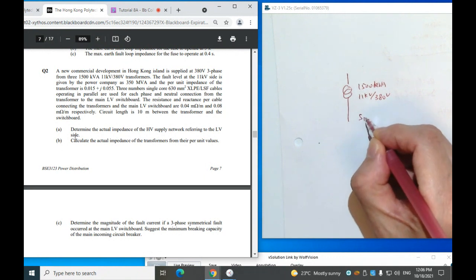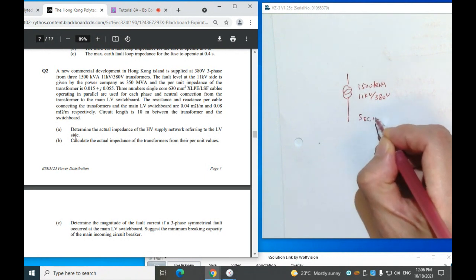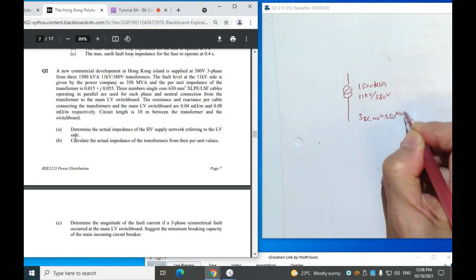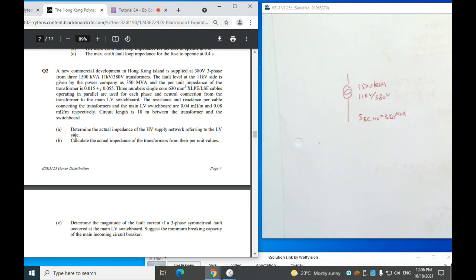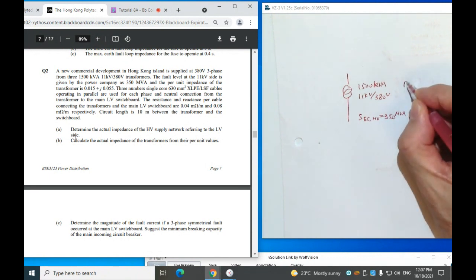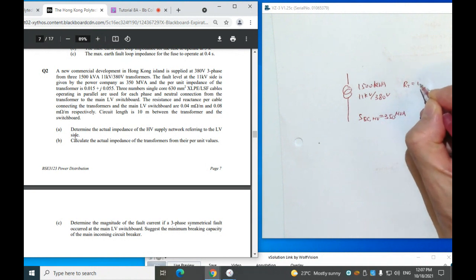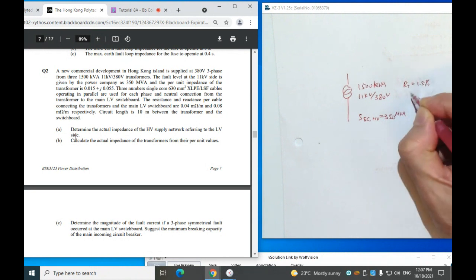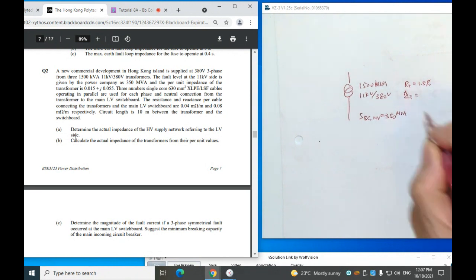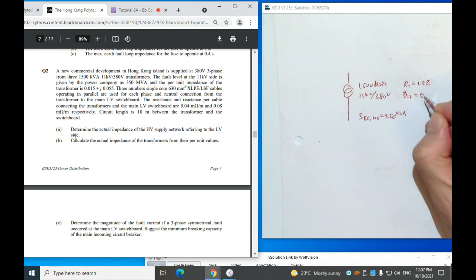The transformer impedance is slightly different: RT is 1.5%, ZT is equal to 5.5%.